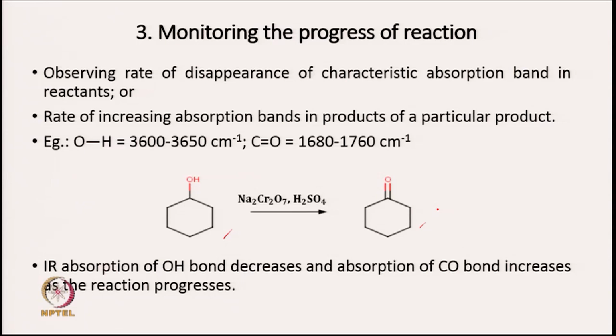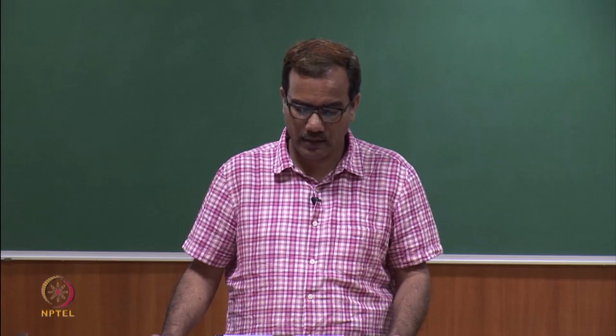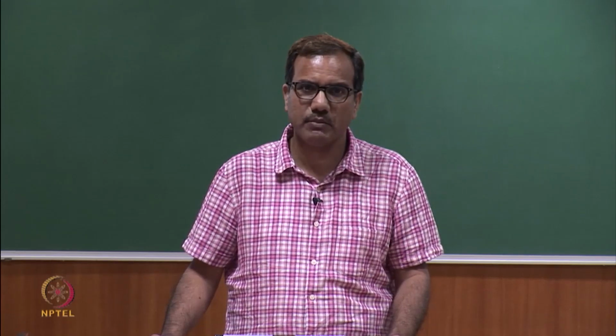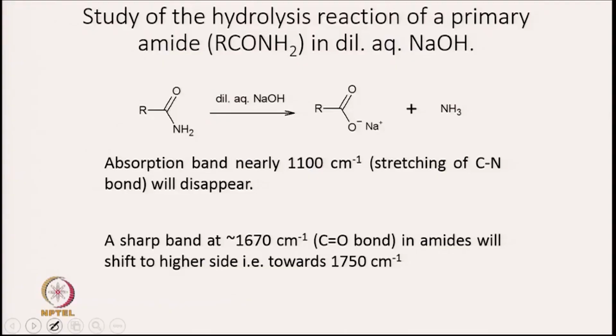So, suppose the band around 3600 to 3500 centimeter inverse disappears, then you know that your reaction is complete. Similarly, there is a second example where we can look at the progress of reaction. This is simply hydrolysis in the presence of aqueous NaOH.